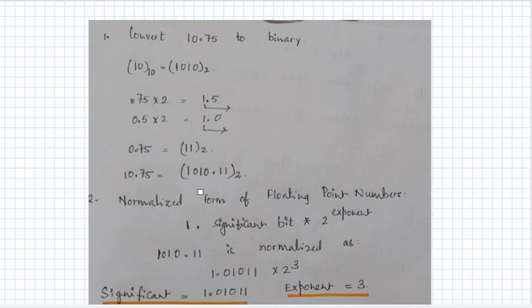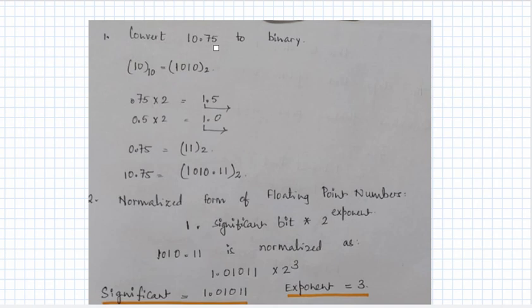The second step is to normalize this converted form. The representation is 1 point, where the 1 is fixed, followed by a decimal point, then the significant bits, times 2 to the power of the exponent.